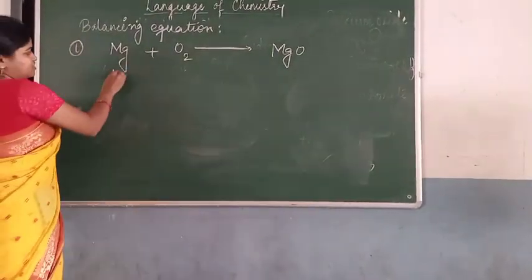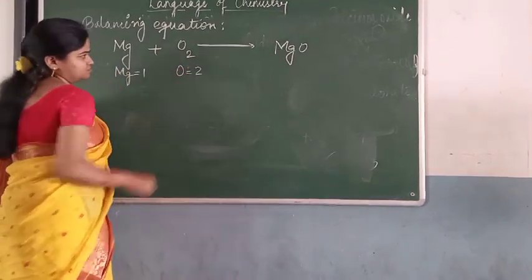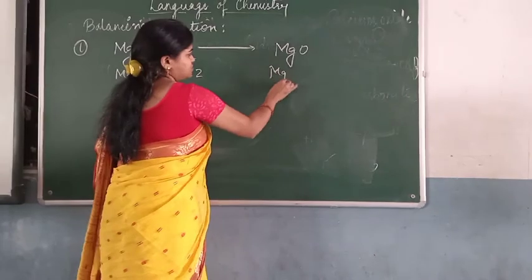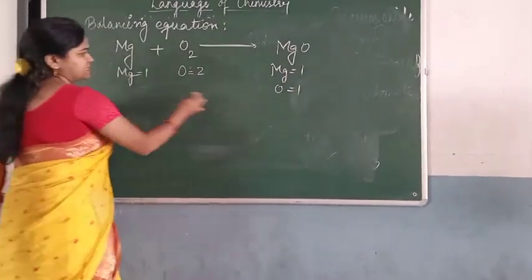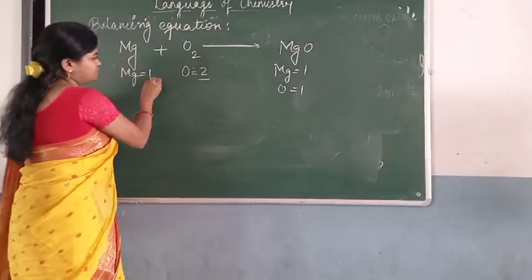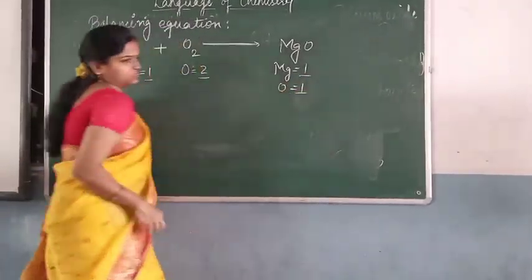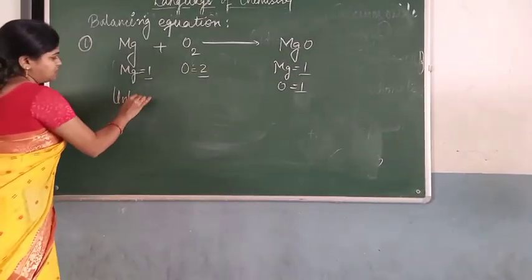Here magnesium is 1, oxygen is 2. Here magnesium is 1, oxygen is 1. Now you see, on the left hand side and right hand side, the number of atoms of an element is not equal. This equation is called an unbalanced equation.